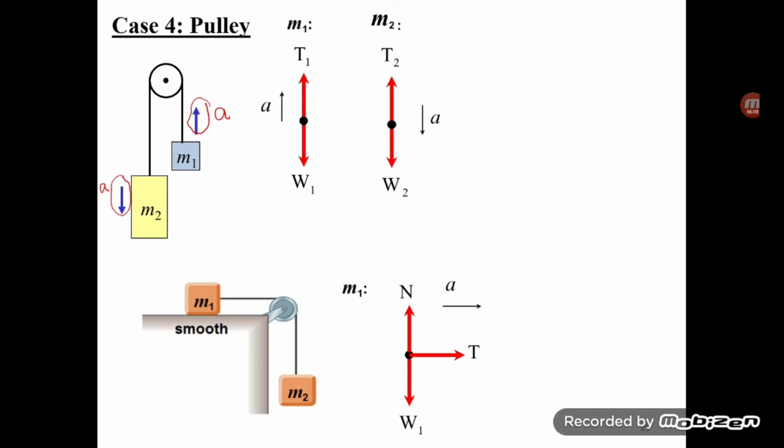Show the direction of acceleration. For M2, we have tension and weight. Show the direction of acceleration is downward.